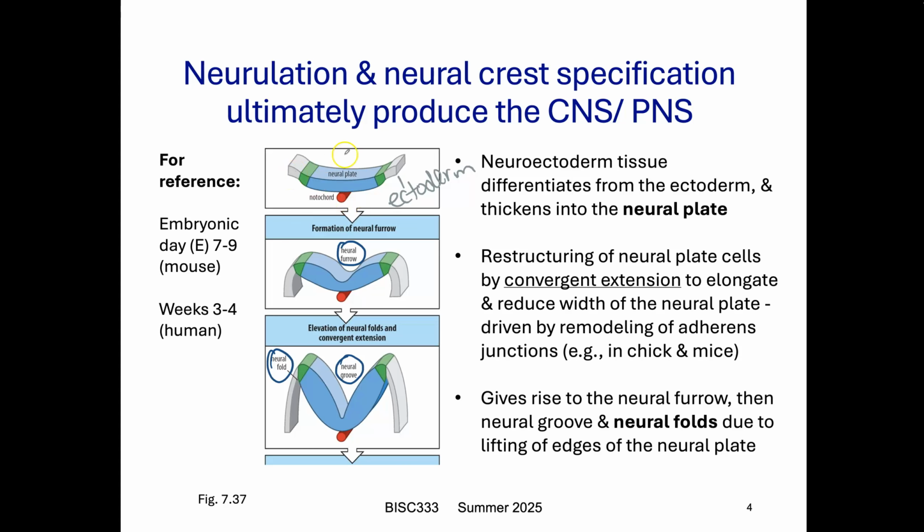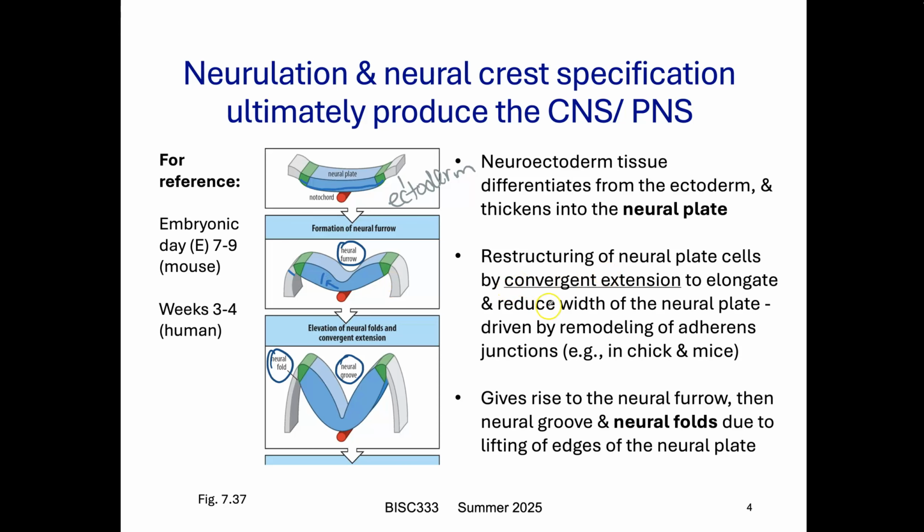Basically, this is neurectoderm tissue, and this is epidermal tissue on the side here. As I said, we get a thickened neural plate. So there's some change in cell shape, and if you look at the width of these tissues, the ones that are going to form the neural tube are a lot thicker.